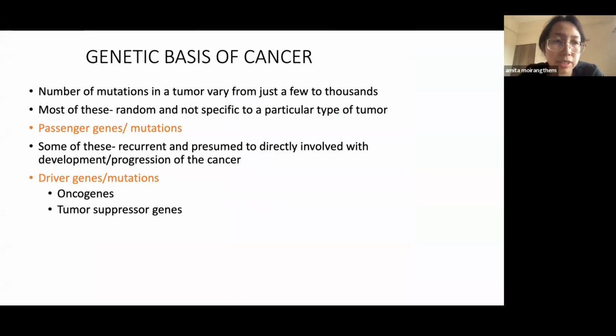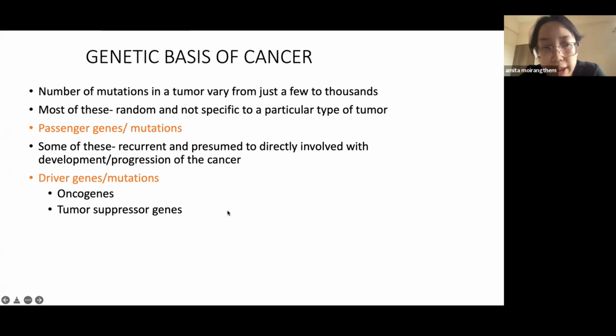But when we observe closely, there are some mutations which are recurrent and which are specific for a particular type of cancer, and they are presumed to have an effect on the causation or progression of that particular tumor.